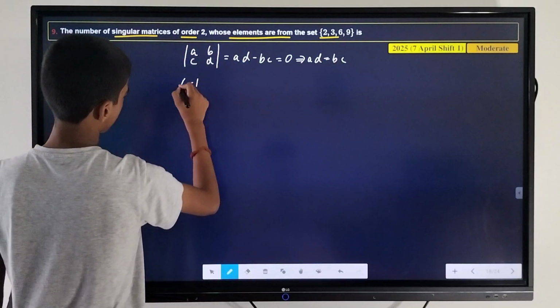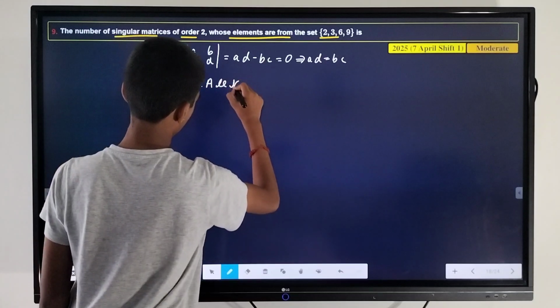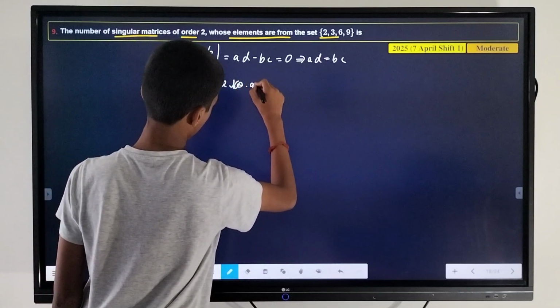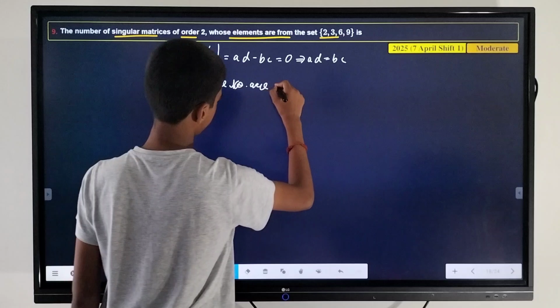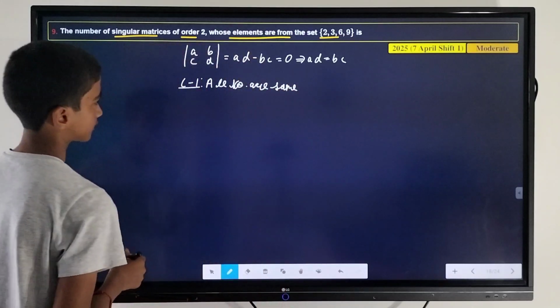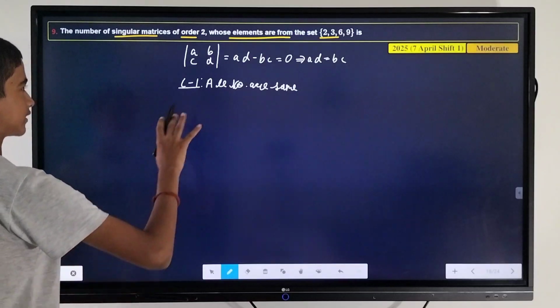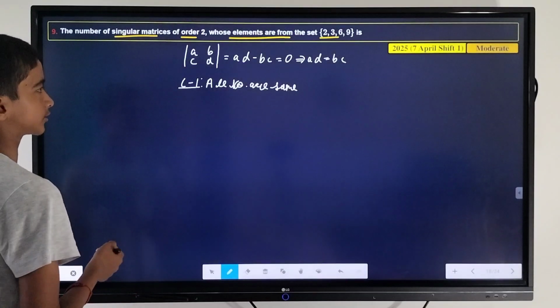So our case 1 will be all numbers are same. All numbers are same. In that case our determinant will always be equal to 0.